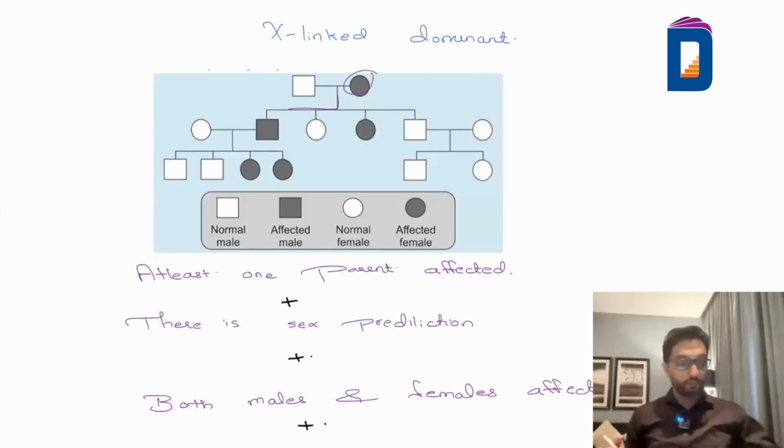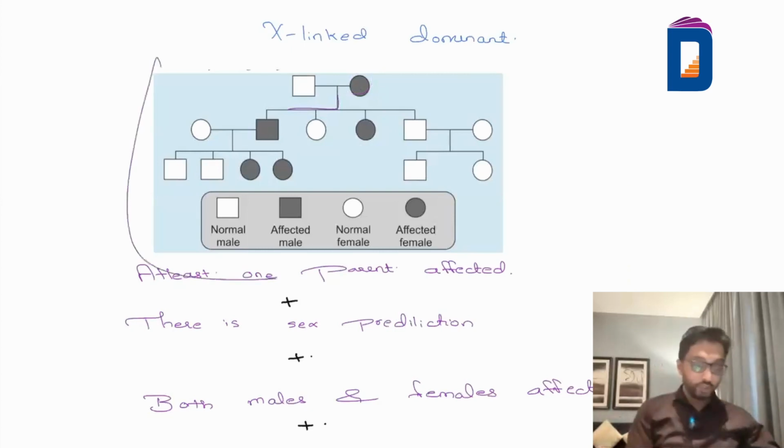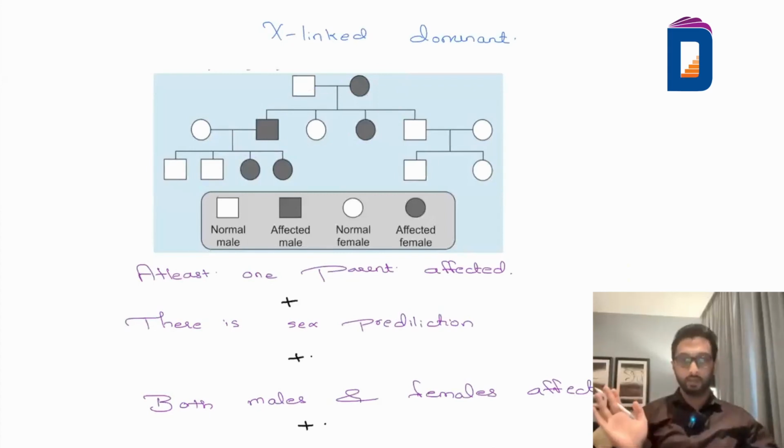But the question is not going to be that. They're going to give you this chart and ask what type of disorder it is. So that's why I'm saying you first see if there is mitochondrial inheritance. No. See if there is a sex predilection. Yes. If there is a sex predilection, are males and females affected? Yes. Then it's X-linked dominant.